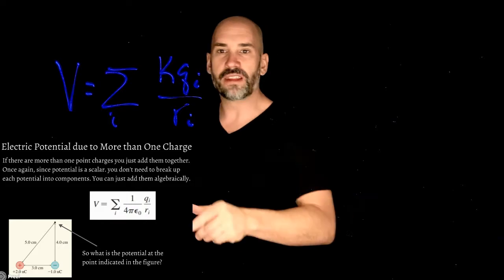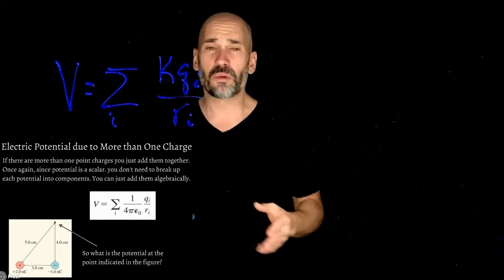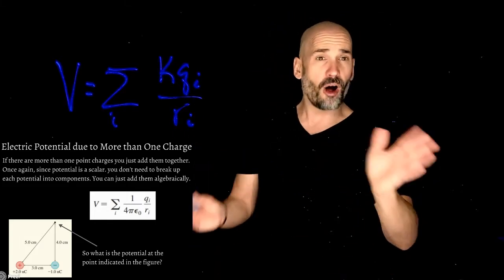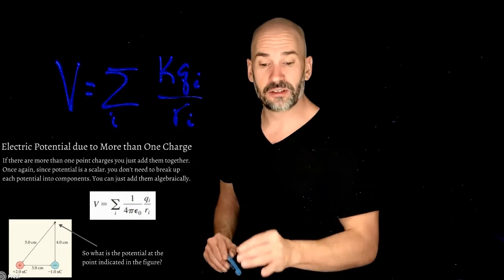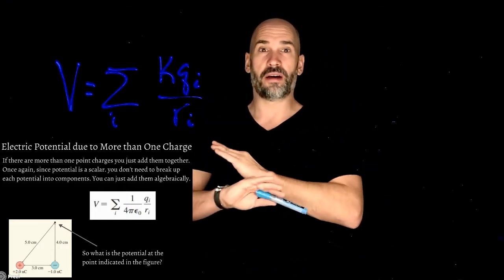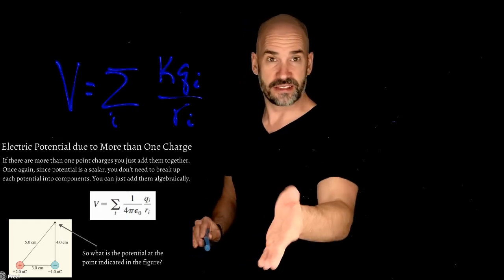I know that might look mathy, with the summation sign and the i's and stuff. It just really means add up all the voltages. That's all it really means. And the cool thing, once again, voltage is a scalar, so we can just add them without worrying about any kind of angle, okay? So let's take this example that's on this slide.